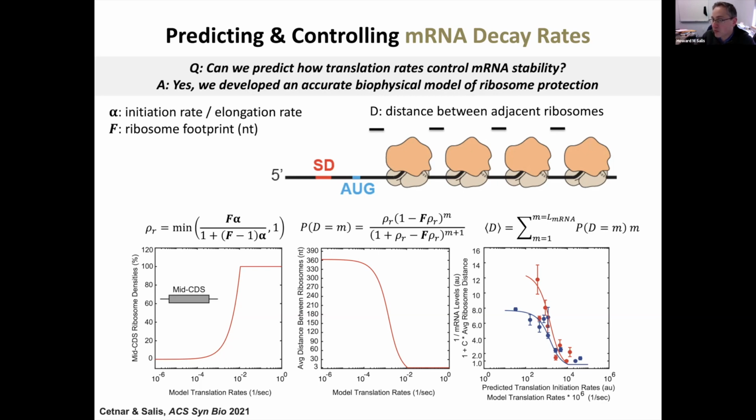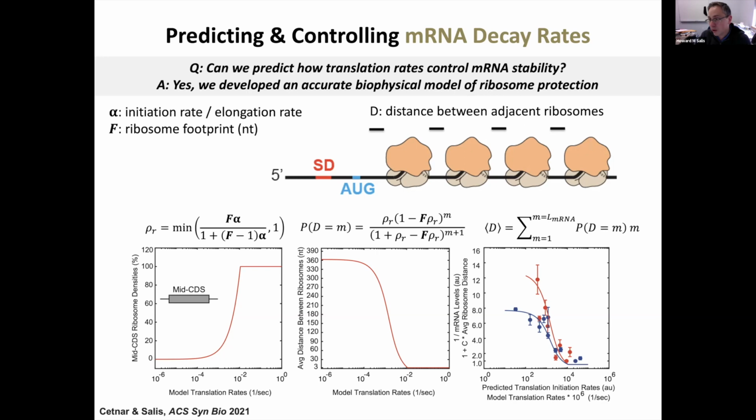If two ribosomes are really far apart, they're leaving a lot of room for RNase E to come in and chop, chop, chop. Whereas if the D is very small and the ribosomes are super close together, there's no room for RNase E to get in there and start chopping. So high D, high decay rate.